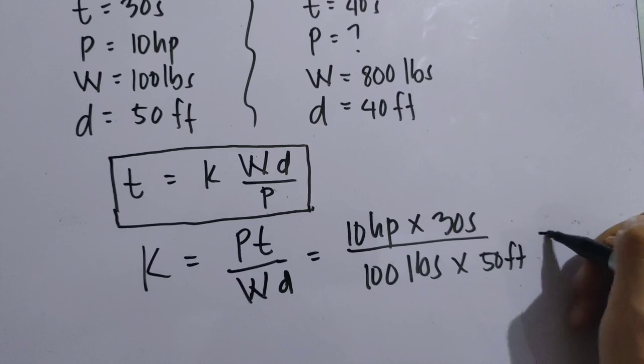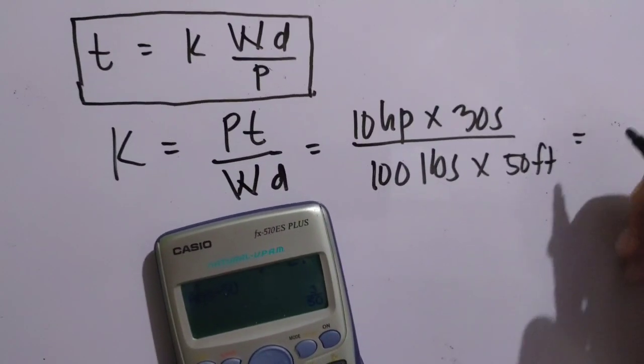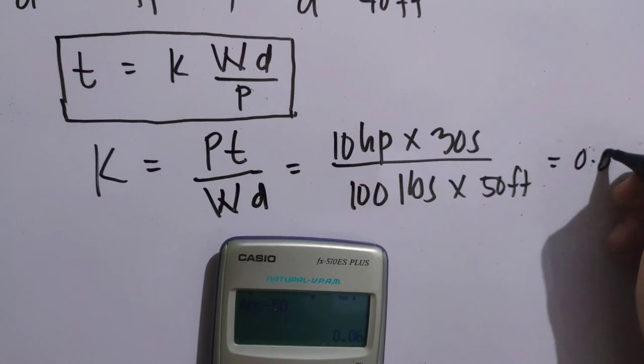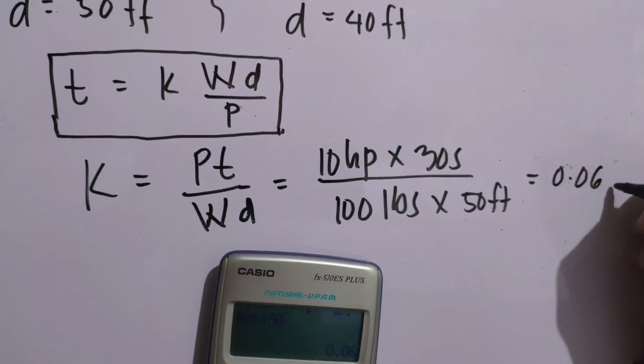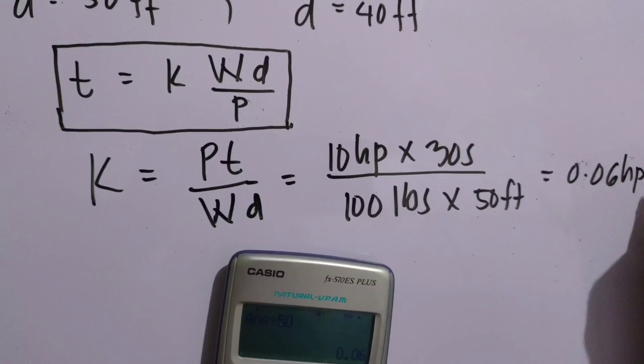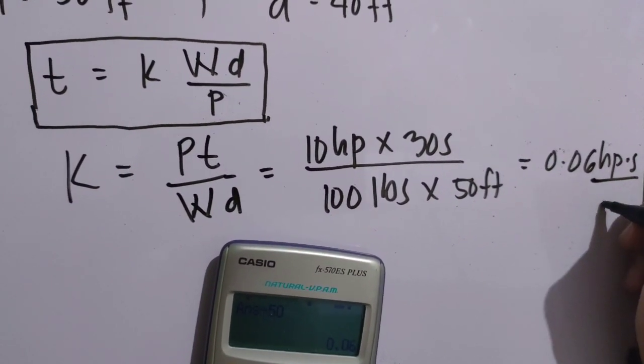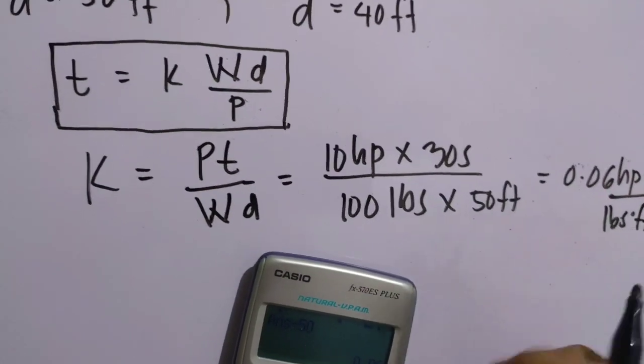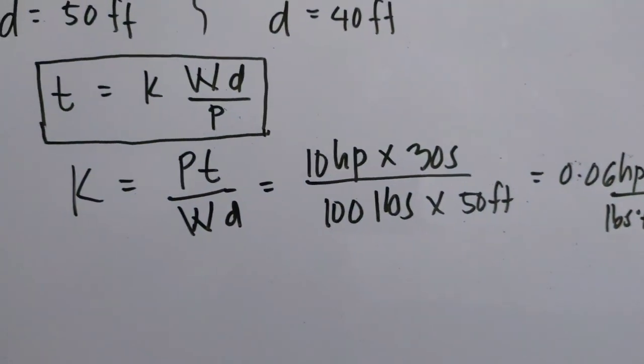So, yung value ng K natin, 3 over 50 or 0.06 HP seconds over pounds feet. So, yan yung value ng K natin.